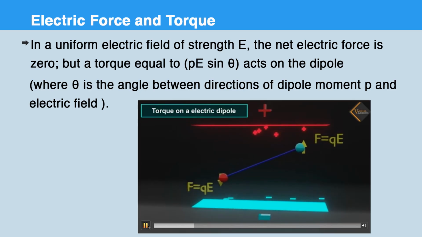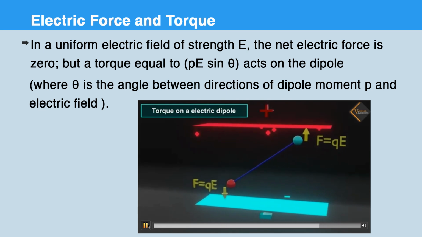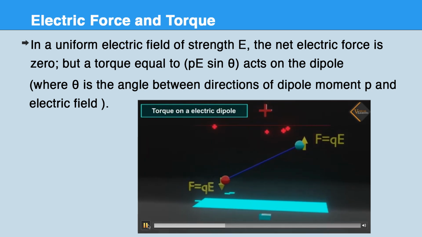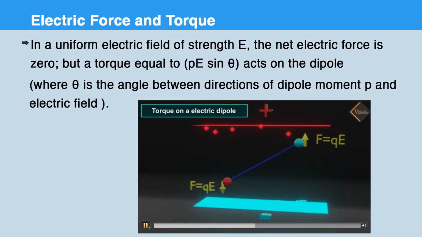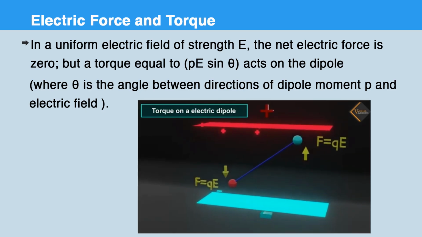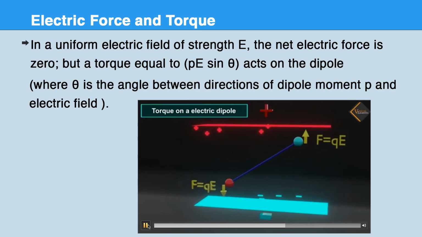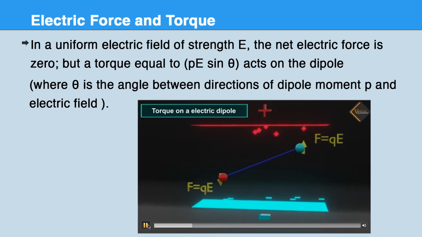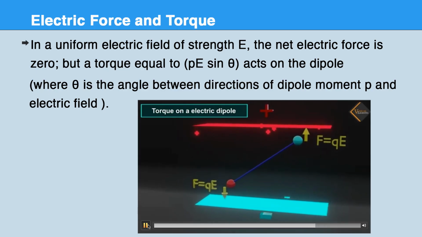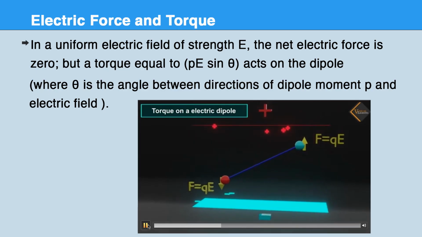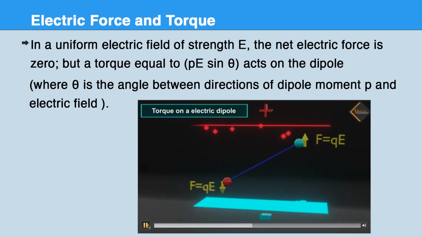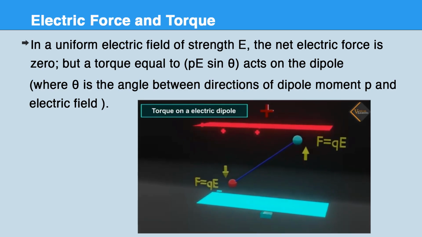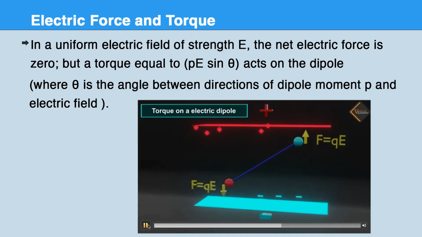And we know that torque equals P into E. P is the dipole moment, E is the electric field, and we know that P equals 2ql, and the magnitude of the torque can be represented by tau equals PE sin theta. Here theta is the angle between the dipole moment and electric field.